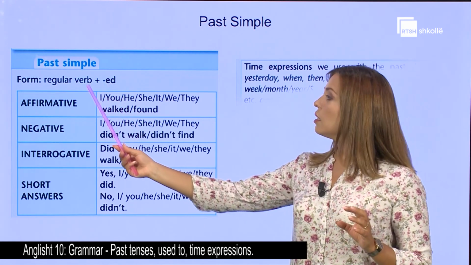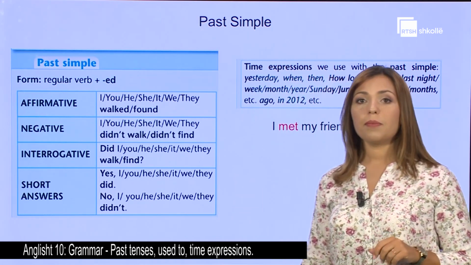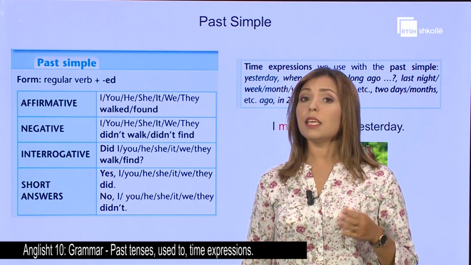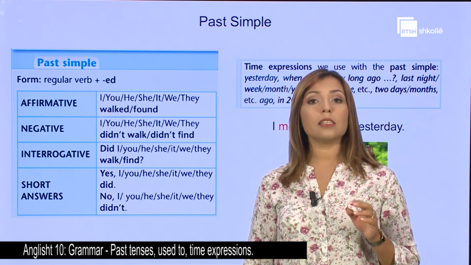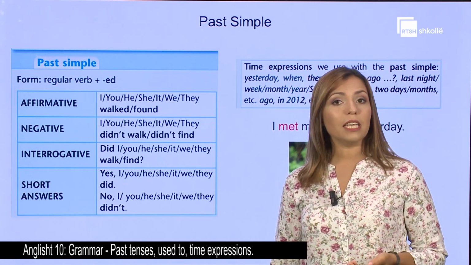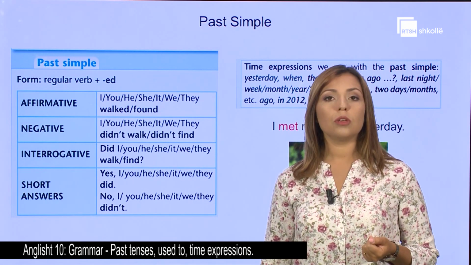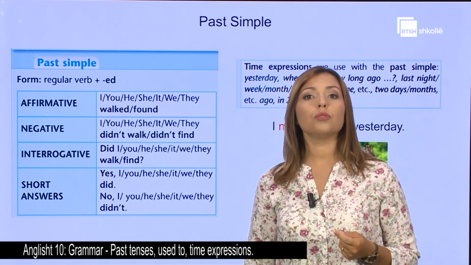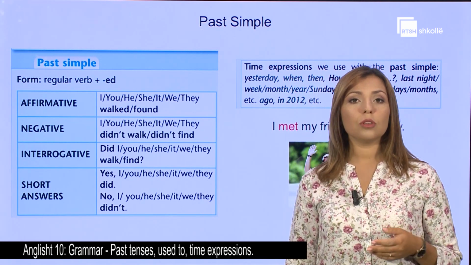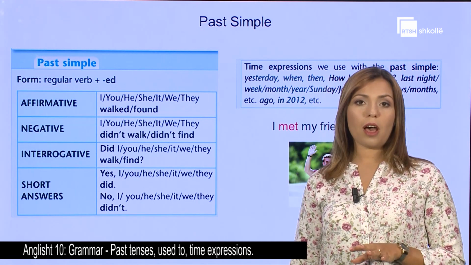So always a simple verb and then the ending ed, if it is a regular verb. If it is irregular, it has its own form. So, for example, the verb find in the past becomes found. So, I found, you found, he, she, it found, we found, you found, they found.